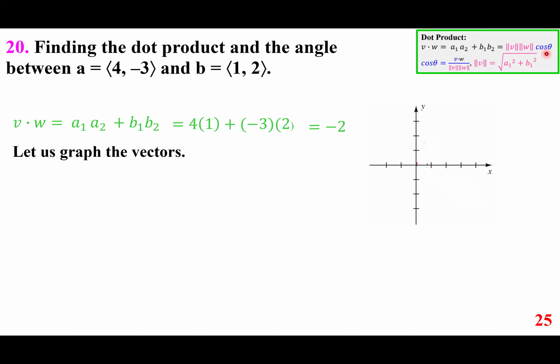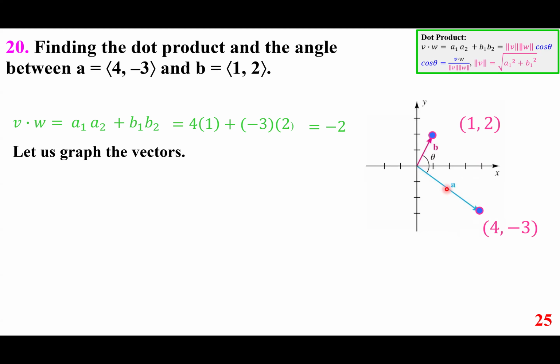And by the way, let's graph them so you see what's happening, everybody. Go 4 units to the right, negative 3, 3 units down, and this would be 1, 1 and 2 units up. Okay, so that's 4, negative 3, and now connect them.